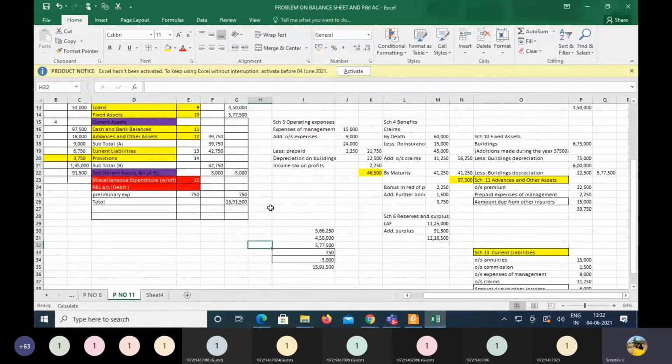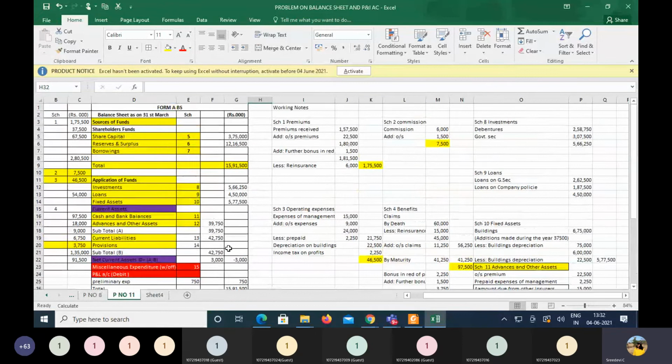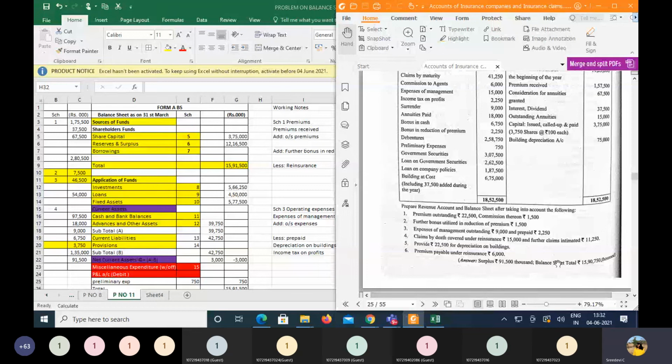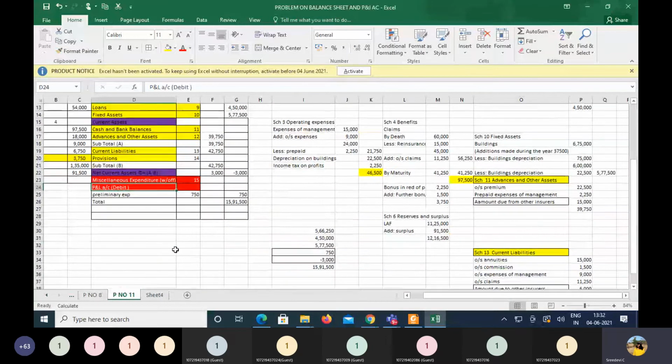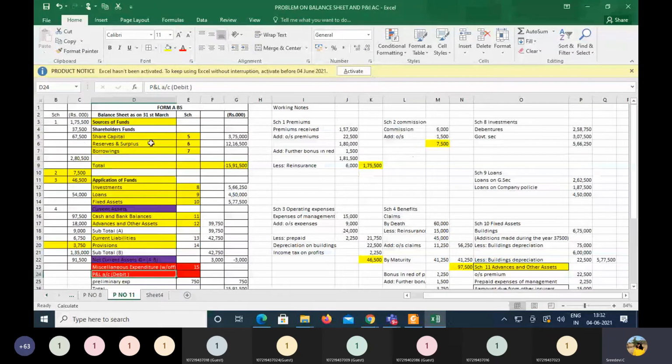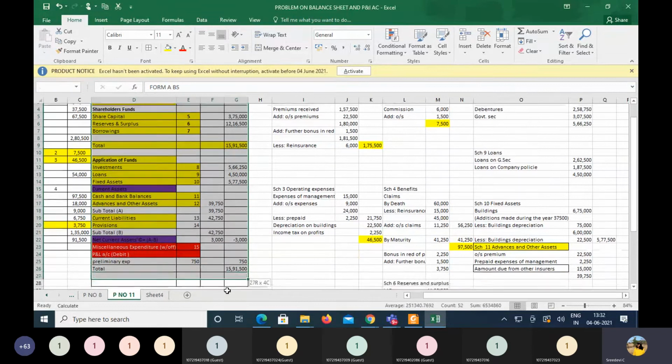Now, the total of your assets is exactly matching with your total of the liabilities, but the only reason why you're not getting the total as per the question, that is 15 lakhs 90,750, is only because of the preliminary expenses. So as I have already been telling you all, if you are coming across any amount of fictitious assets, I will just take exactly the same balance sheet.